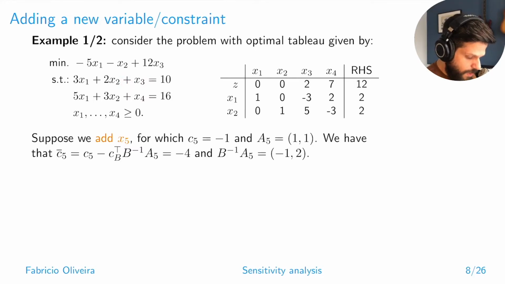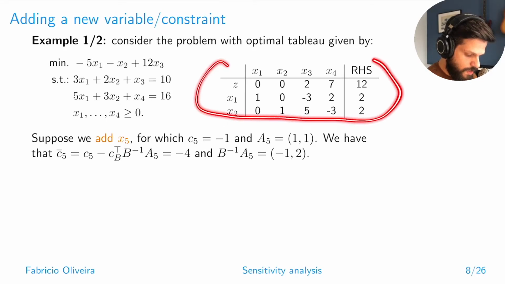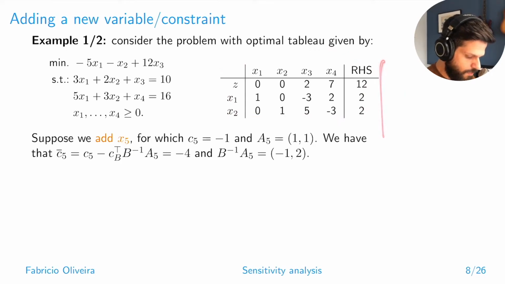And then we optimize this and we get an optimal solution that is x1, x2, and this is the tableau for the optimal solution. And let's assume that once we optimize, we want to add a fifth variable for which the coefficient is -1, and it's a variable that has coefficient 1 in both constraints.